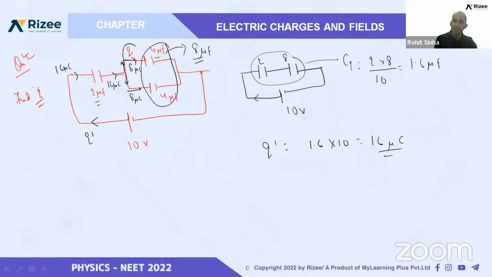Okay, answer will be 8. We will see if they are different, how we can, so we will take some example also. So our answer will be Q is equal to 8 microcoulomb. If I have not made any calculation mistake, this is your answer.